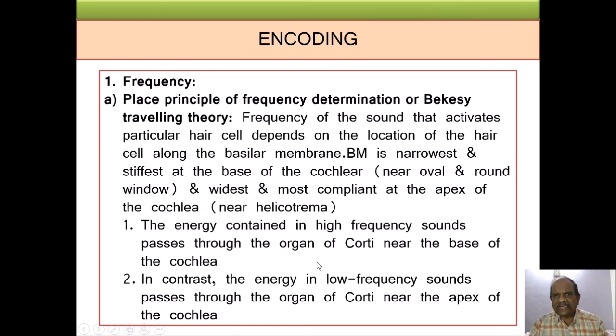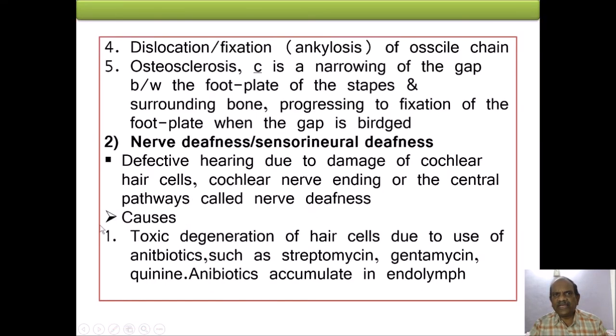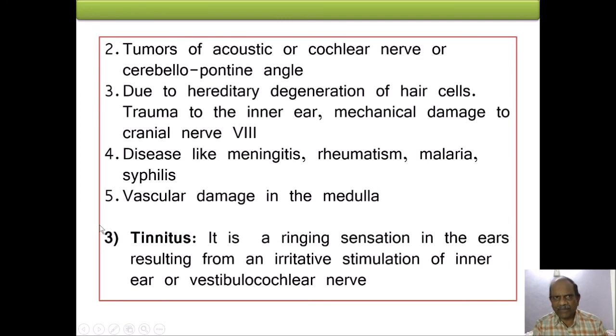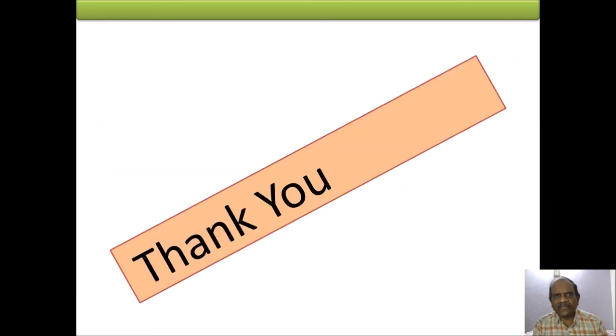The energy contained in high frequency sound passes through the organ of Corti near the base of the cochlea. In contrast, the energy in low frequency sound passes through the organ of Corti near the apex, which I have mentioned here.